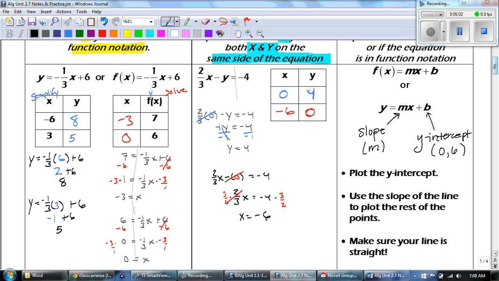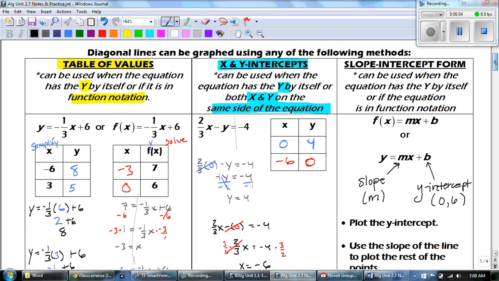Now, today we're learning slope-intercept form. It can be used when the equation has the y by itself or if it is in function notation. So I have f of x equals mx plus b or y equals mx plus b.